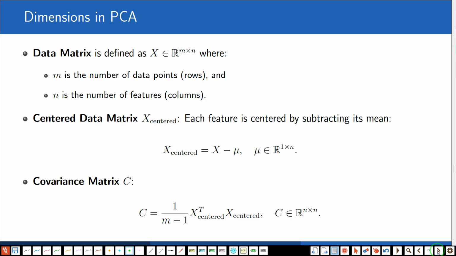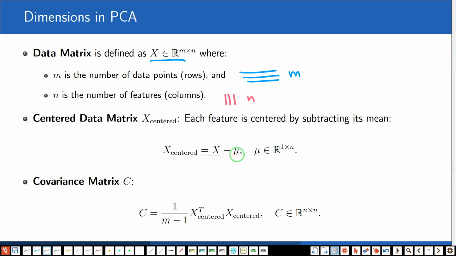And how are we doing this? Here X is our data set, and we have m rows, which are our data points, and we have n columns. Each column is related to one feature, and each row is related to one data point in our database.